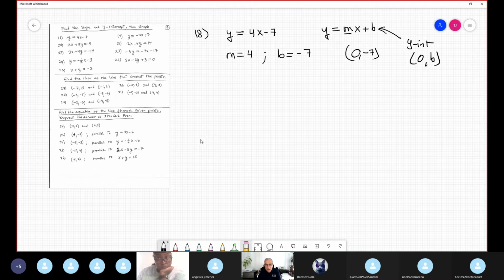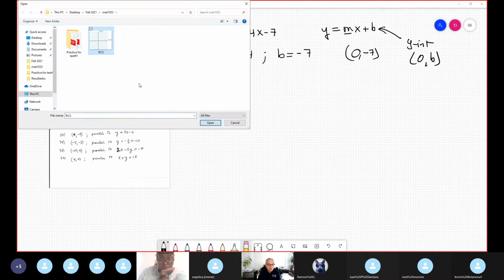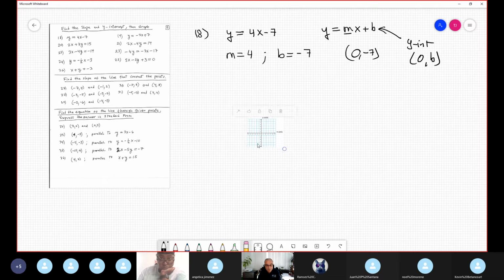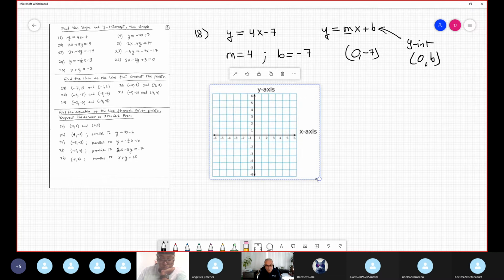Now with this information it is enough to make a graph of this. But we are doing it differently. We plot the y-intercept that I have in my hand, which is (0, -7).